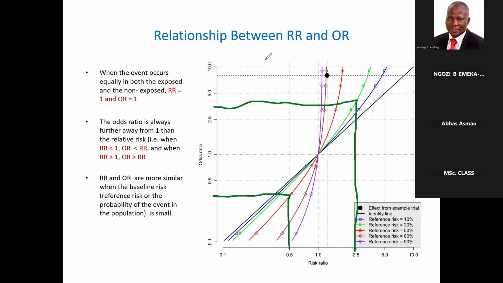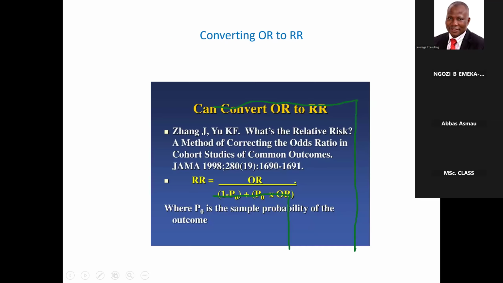Many a time, a cohort study to get relative risk is very expensive. Many people don't do it, unless some organization or government is funding it. But a case control study, a descriptive study, is easier to carry out because it's not too expensive.